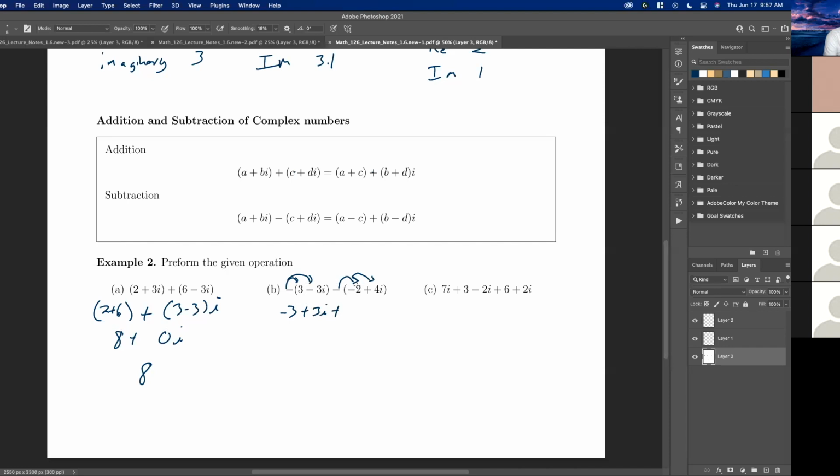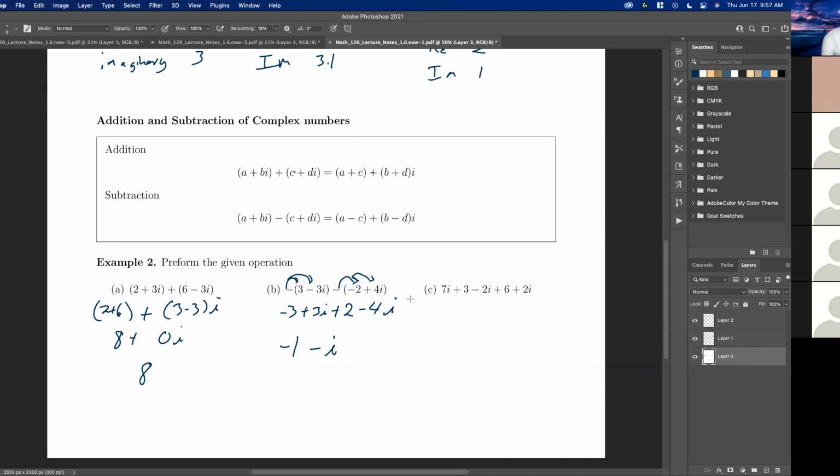So negative times negative becomes plus 2. And the negative times the 4i becomes minus 4i. So here I've written it all without parentheses. Now I can just add up the parts. Negative 3 plus 2 becomes minus 1. And then 3i minus 4i becomes minus i.